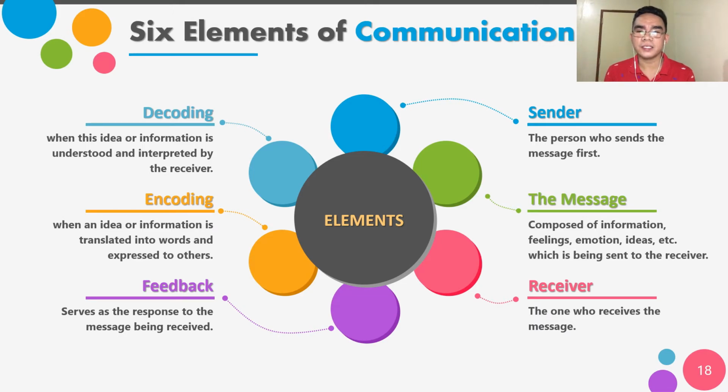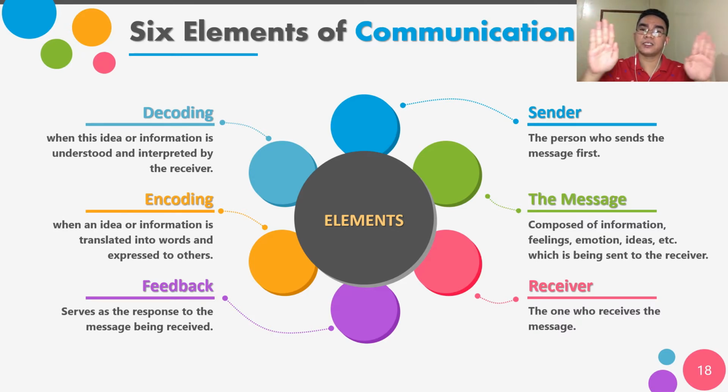Next, the message. The message is composed of information, feelings, emotions, ideas, and so on, which is being sent to the receiver. It consists of information, or let's say our knowledge, our ideas, our feelings, our emotions, our insights.